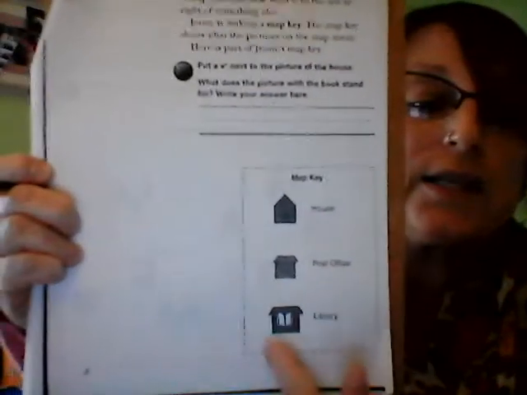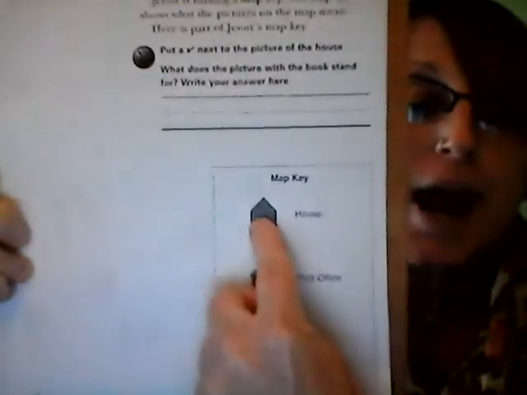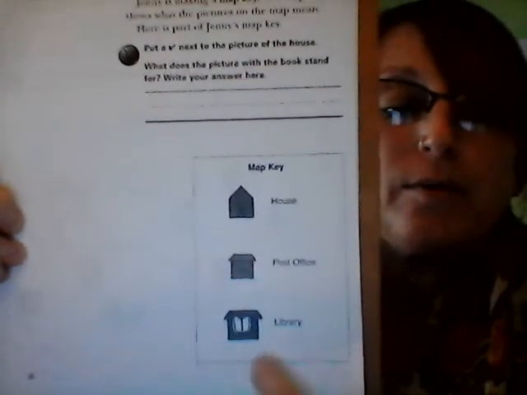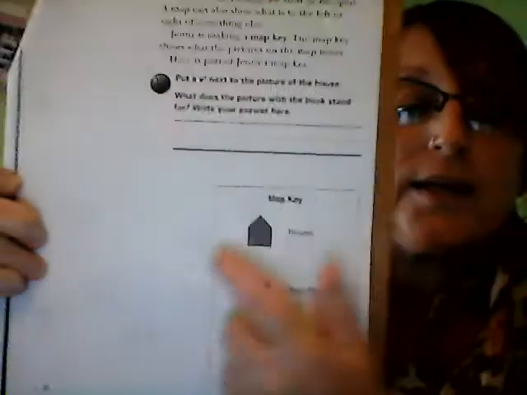So what we need to do is put a check next to the picture of a house. Which one of these is a picture of a house? Is it the top, the middle, or the bottom? Which one is a house? It is the top one that depicts a house, so we're going to put a check next to it.